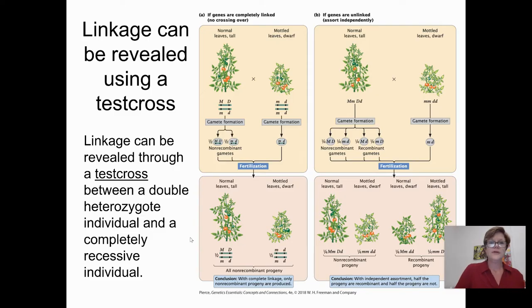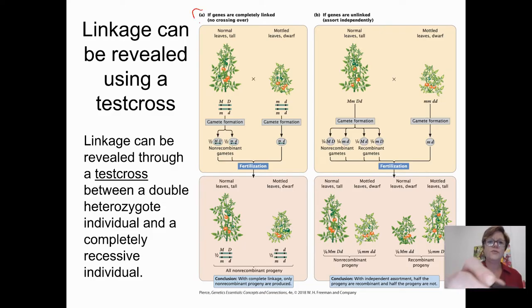And so typically you would take that dihybrid individual then and test cross them to a completely recessive individual. And when we talk about the linkage test cross, that's always going to be the setup. One of the individuals will be heterozygous for both genes, and one individual will be completely recessive. So you see that on the diagram that's here.